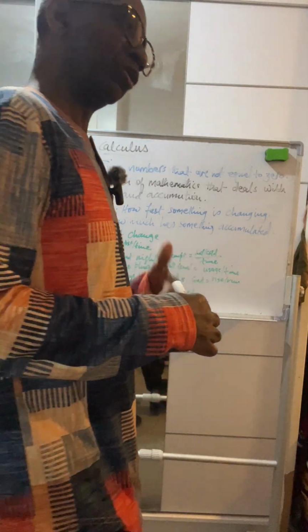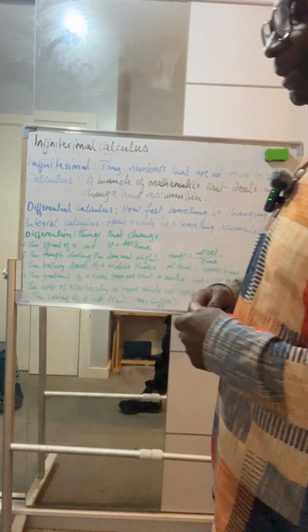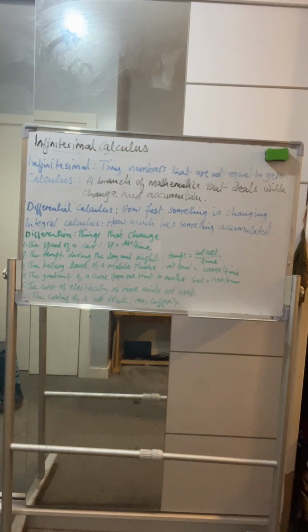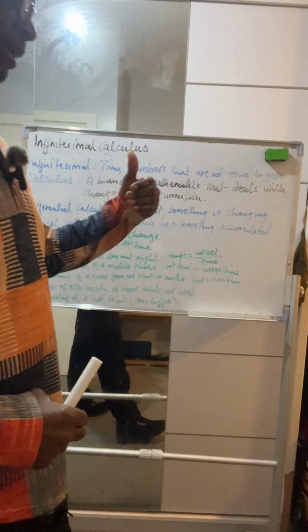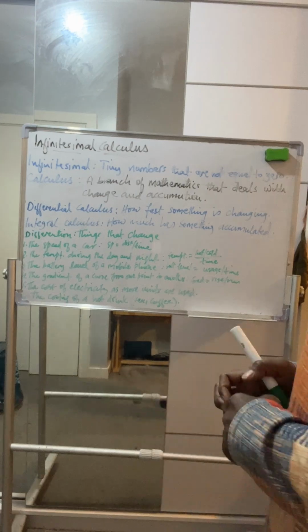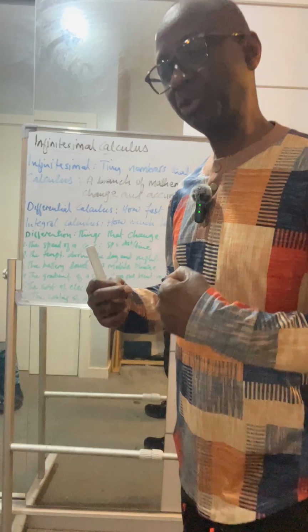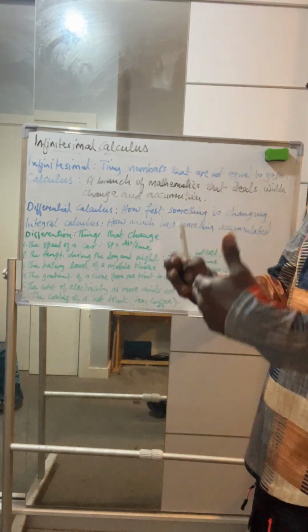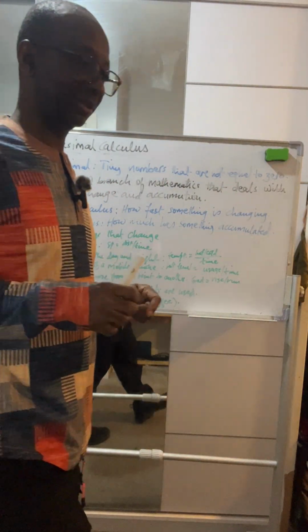Then when you finish arithmetic, you jump on to algebra in your late primary school. Algebra now adds a variable. While in arithmetic you are dealing with numbers, algebra now deals with numbers plus a variable or a letter. Unknown. There is something there that is unknown which you need to find.